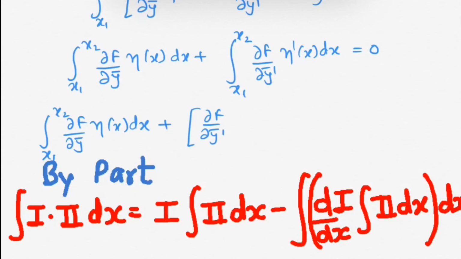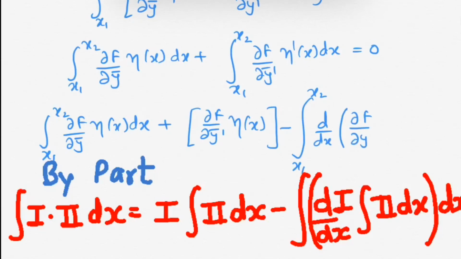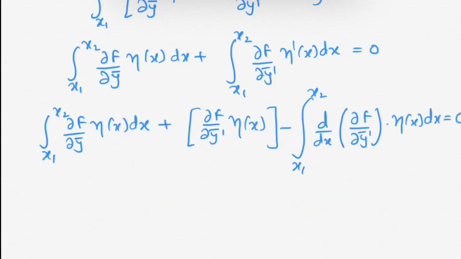The second function is eta prime x, so its integration will be eta x, minus integration from x1 to x2 of the differentiation of the first function, which is d over dx of del f over del y bar prime, into the integration of the second function, eta x, dx, equals 0. Here the limit is from x1 to x2.